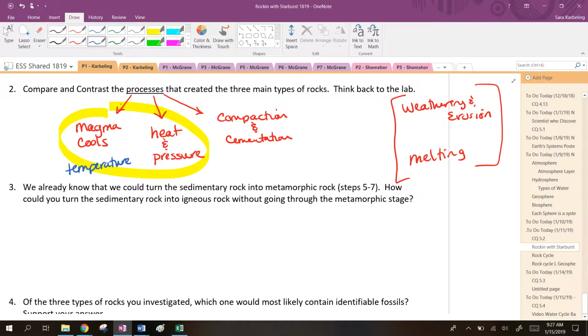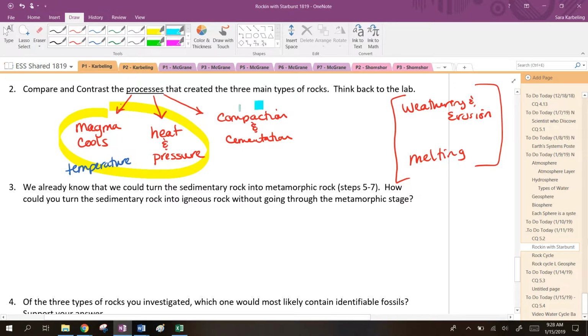So they both have to do with temperature. They're actually doing different things. Is that a comparison or a contrast? It's a contrast, right? All right, what else you got? Compare and contrast for me. Give me something else. Heat and pressure, compaction, cementation, both have pressure in it. Absolutely. Good call.